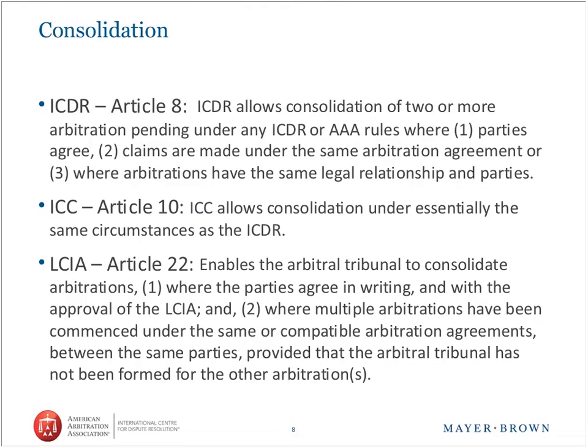So again, under scenario 1, the parties agree. In scenario 2, the claims arise from the same arbitration agreement. And in scenario number 3, you have the same parties, the same legal relationship or transaction, and compatible arbitration agreements. Now, someone may ask, what does compatible arbitration agreements mean?